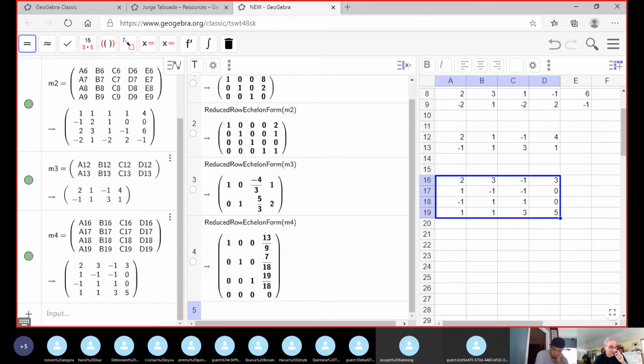On the right hand side of the line, we have 13 over 9, 7 over 18, 19 over 18 and 0. You have one solution. Exactly.